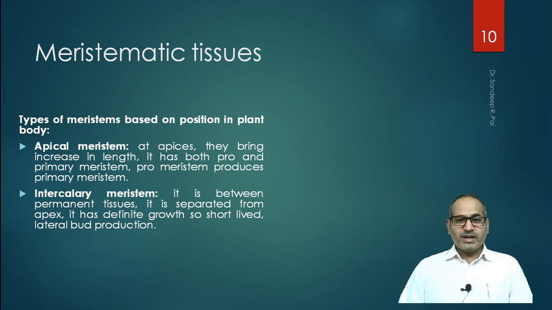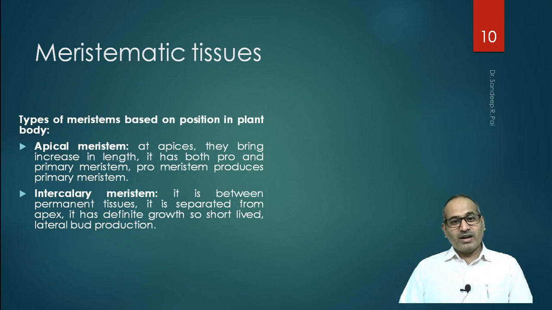Intercalary meristem is between permanent tissue. It is separated from the apex. So, you can separate it from the apex region, and apical meristem can be separated from intercalary meristem in this way. It has definite growth, so it is short-lived.